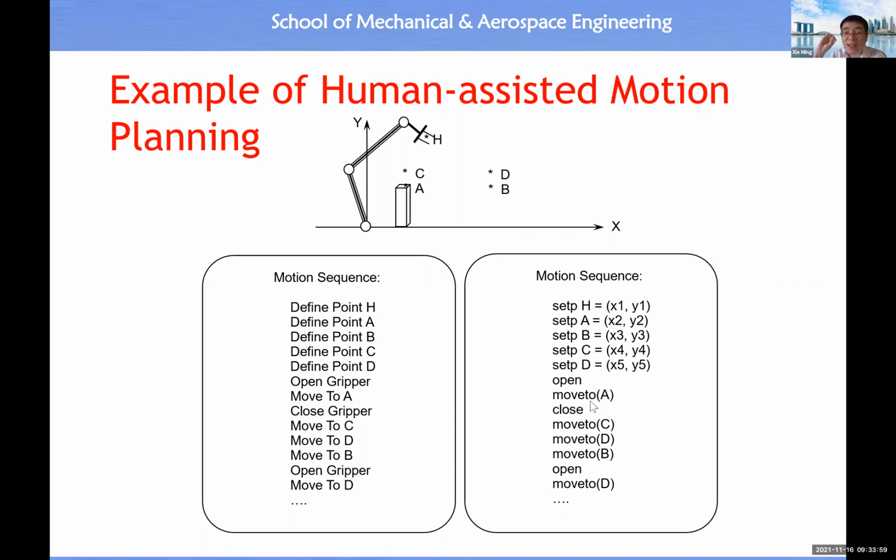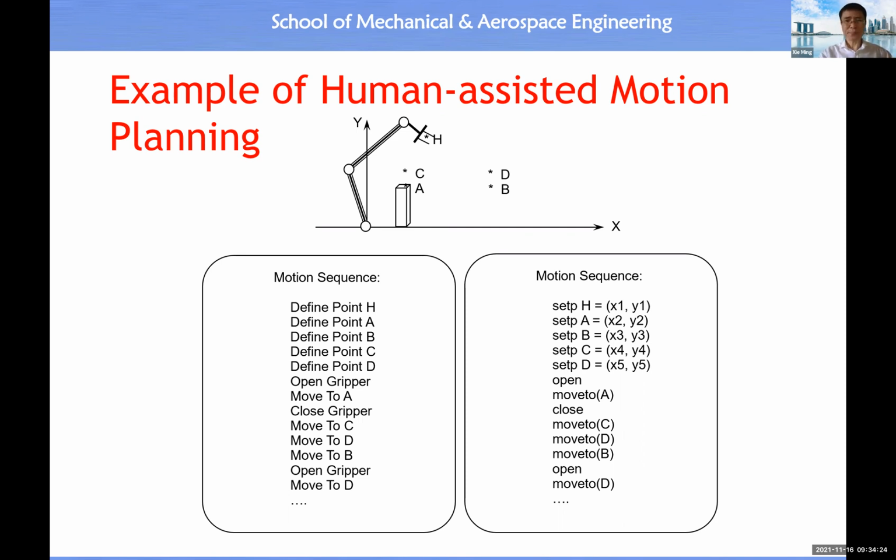From the current position, go to the next position. Then close the hand and move to position vector C, move to position vector D, move to position vector B, open the gripper, open the hand, then move back to position vector D. So these two programs are provided by the human operator.